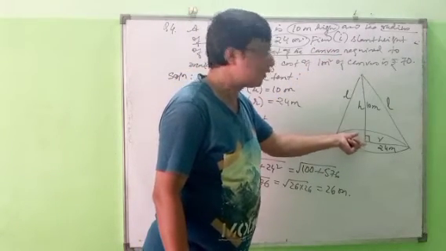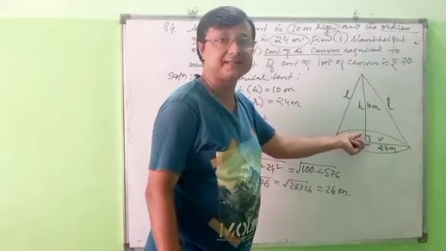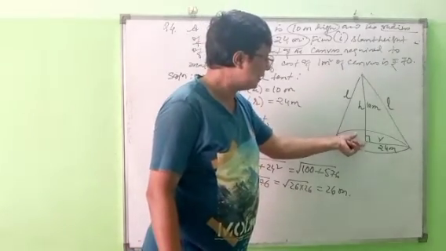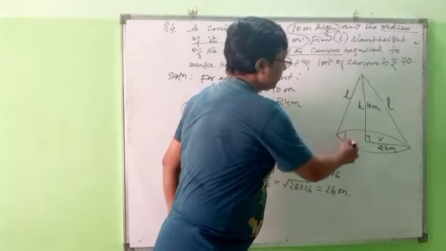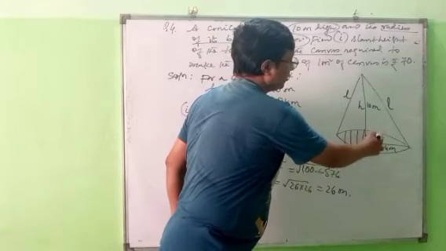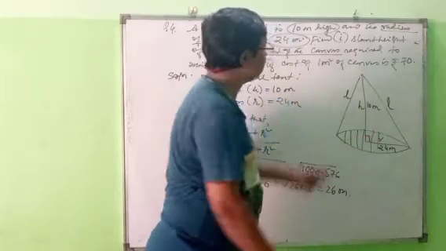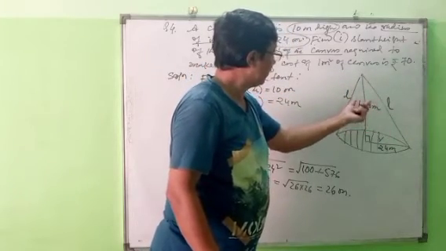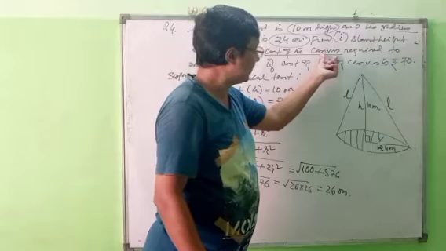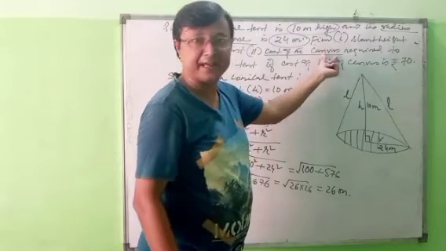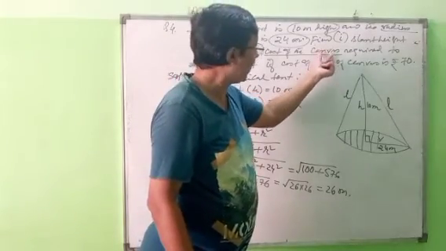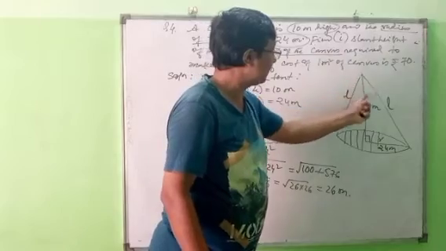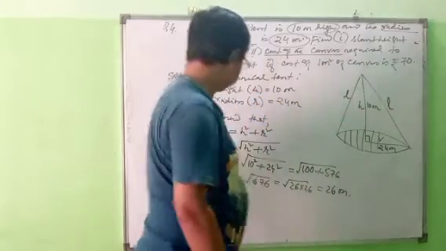That means you are not going to use the total surface area of the cone, because this base is not taken into account. They have made this tent, the curved surface part, using the canvas cloth. That is why to get the area of canvas, you are going to find out the curved surface area of the tent.